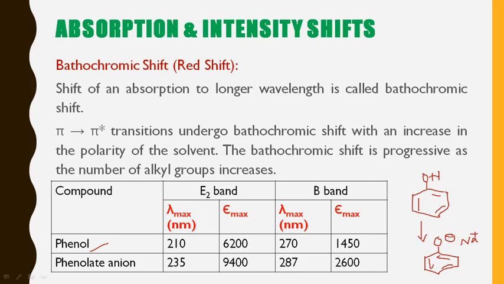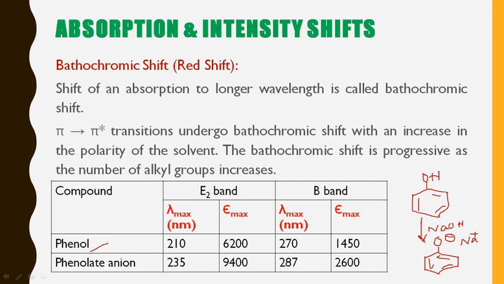As we know, phenol is a weakly acidic compound. As it is weakly acidic, there is availability of a loosely bound proton. If you treat the phenol with a base, sodium hydroxide, then the base can abstract the proton. After the abstraction of the proton, you will get the phenoxide ion, that is sodium phenoxide.